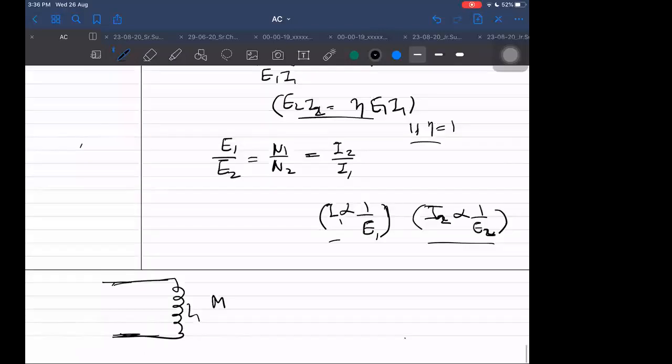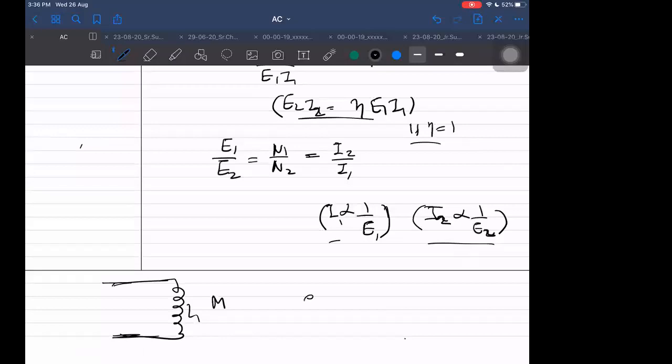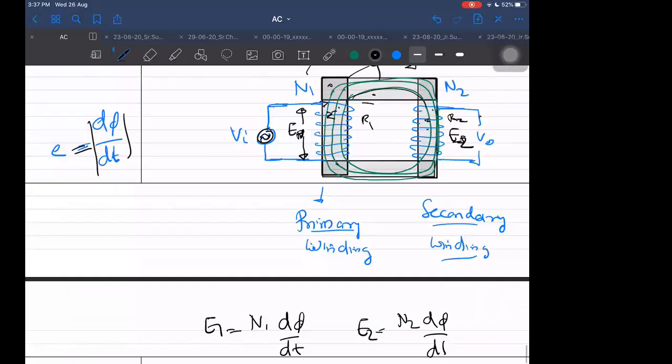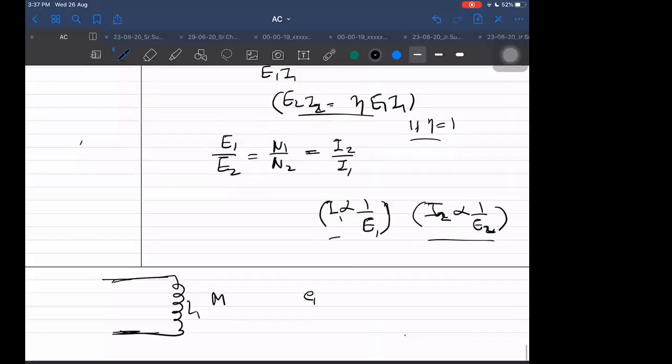So it cannot be supporting anytime. You understand why? Because the secondary circuit does not have any source of EMF. That is only being produced because of the primary circuit. So the secondary circuit will never be supporting it. Otherwise, it will violate Lenz's law. It will be opposing it always. So mutual inductance I will put with a negative sign only.